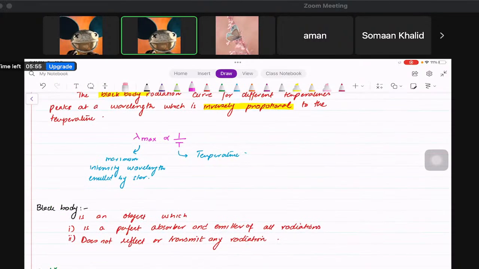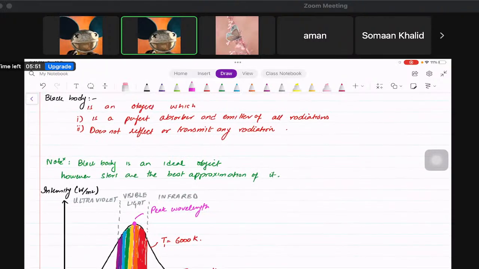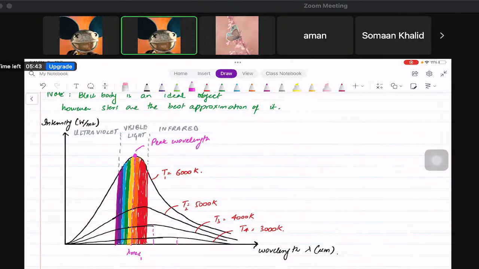By the way, Wien's displacement law has Wien's constant as well that we've developed in comparison to the sun, so it's not a big deal. I'm just going to show you that as well, so that you know exactly what we are achieving here. So this lambda max will be equal to 2.9 times 10 raised to the power minus 3 meter kelvin, divided by the temperature.